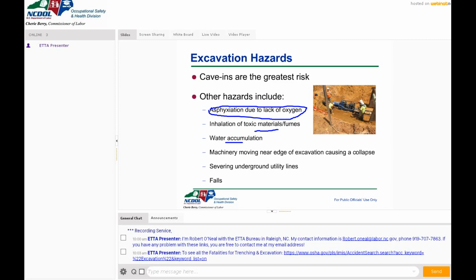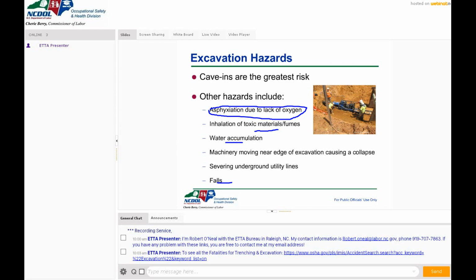One of the other things a lot of people forget about though is falls. All right. Does anybody remember what the fall height is for construction? We got a couple of people saying 6 feet.